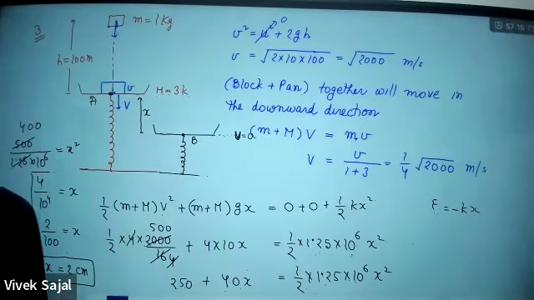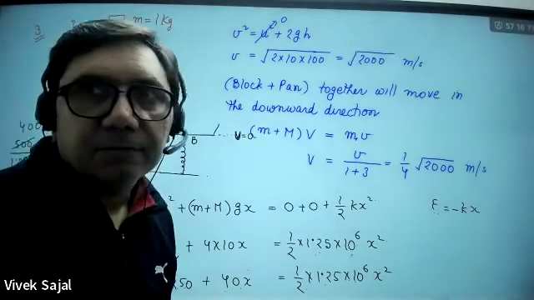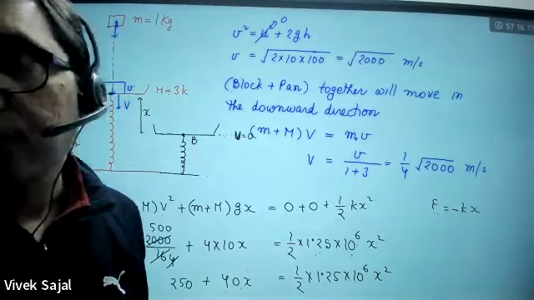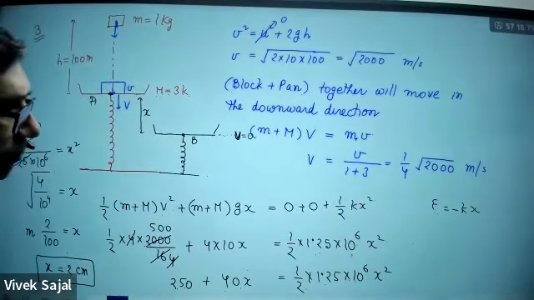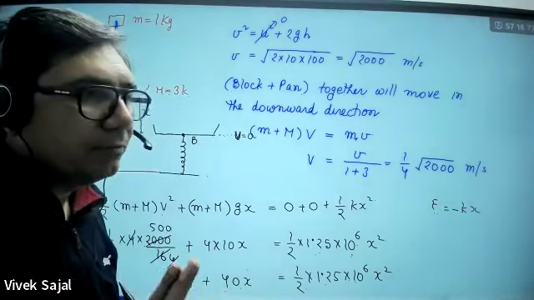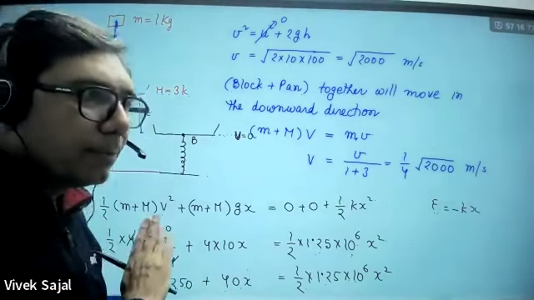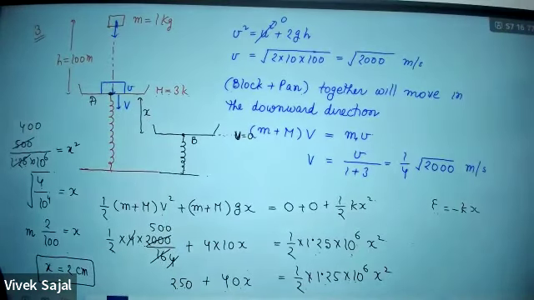But here this option was not given at that time. This was not a correct question. So 4 options were given and none of the options was matching. Okay, with the approximation. What I'm saying is, with the approximation, no option was matching, but which was the closest one? This 4, you can say. Okay, this 4.